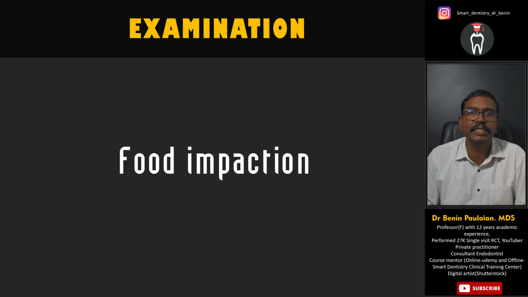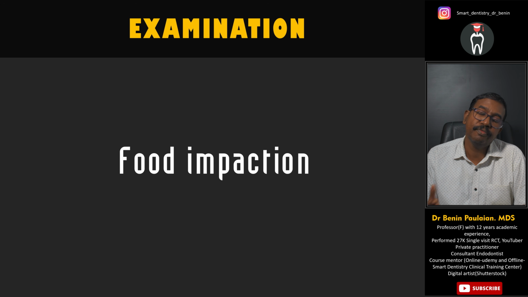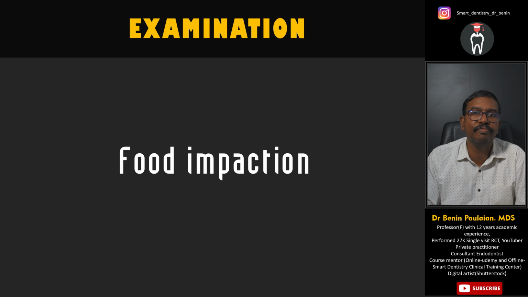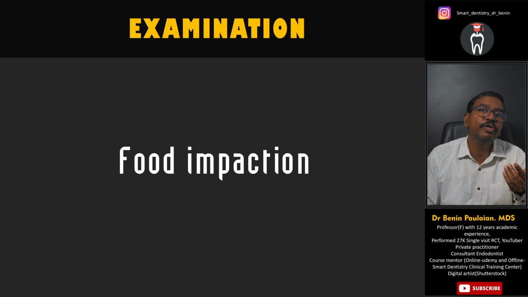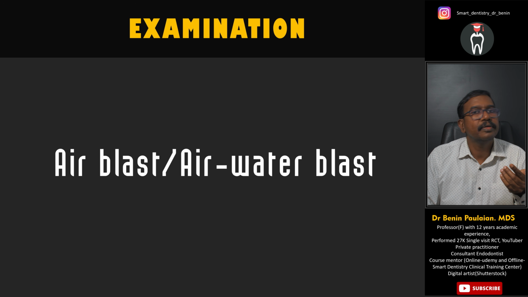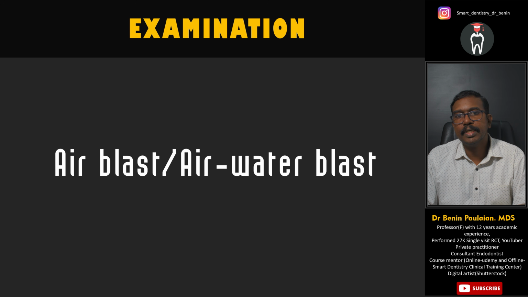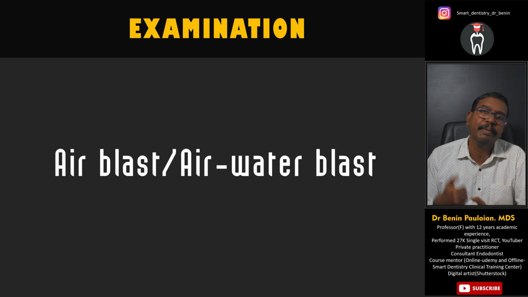So we have to differentiate whether the food impaction is of periodontal origin, or of conservative or endodontic origin. So we should always look for food impactions. Whenever there is a food impaction, we can indirectly say that most often it is a class 2 dental caries.